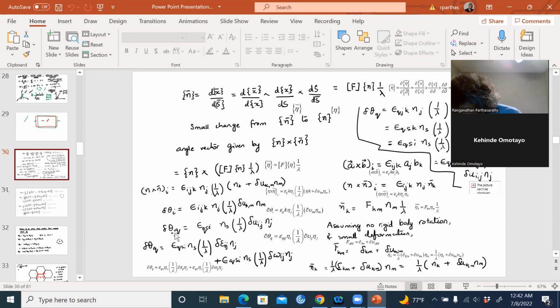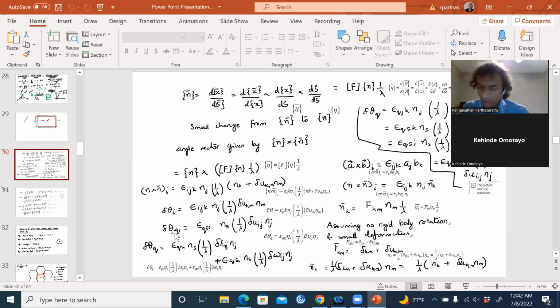Epsilon I. This can be J, yeah, right. J, 1 over lambda plus epsilon QSI minus omega I J and J, yeah, 1 over lambda.